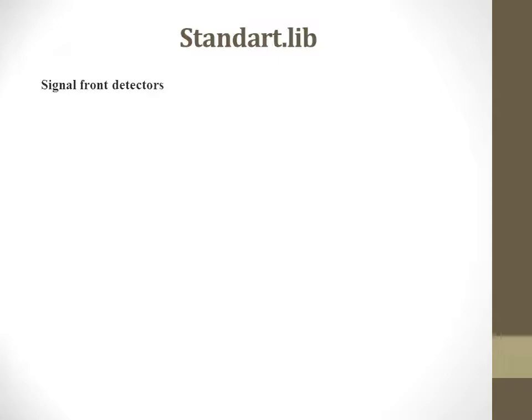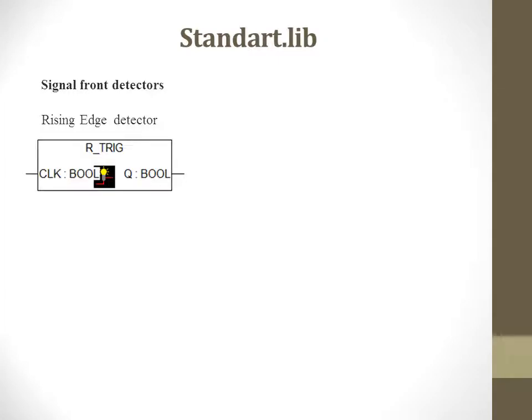The first set of function blocks we call signal front detectors. The first detector we call rising edge detector. Yes, this is the designation of this block. We can see this block designation in the picture.